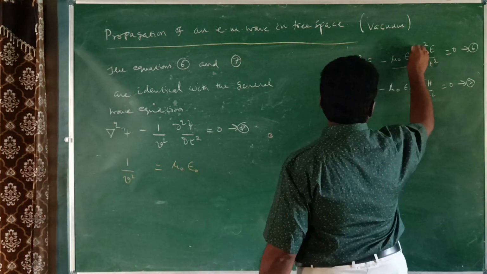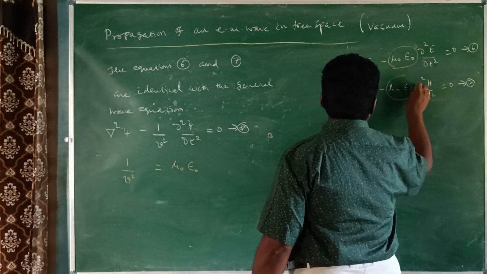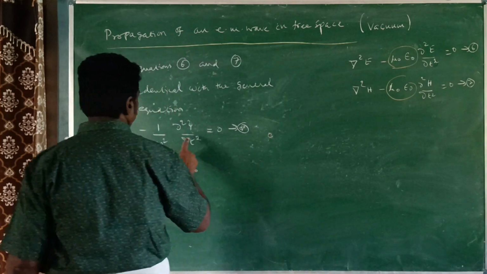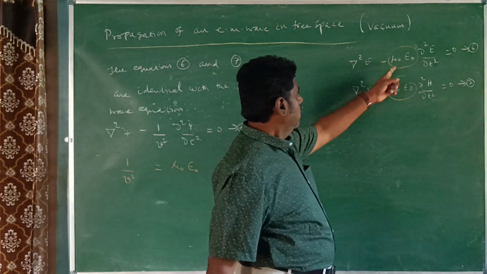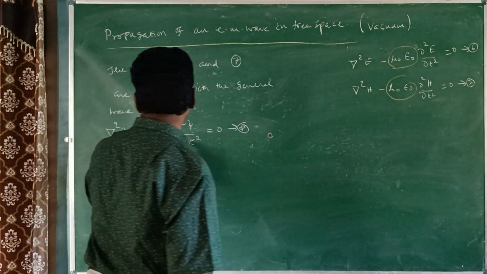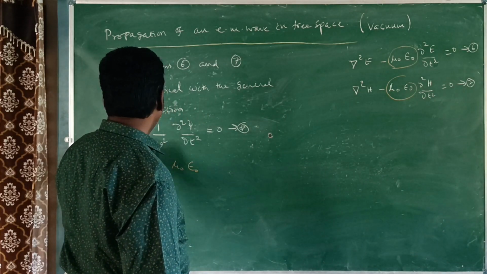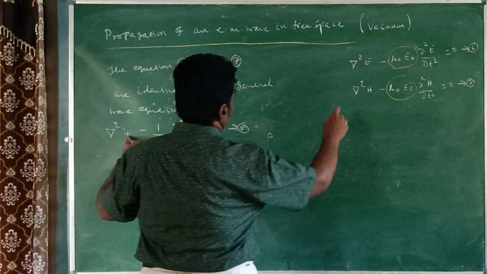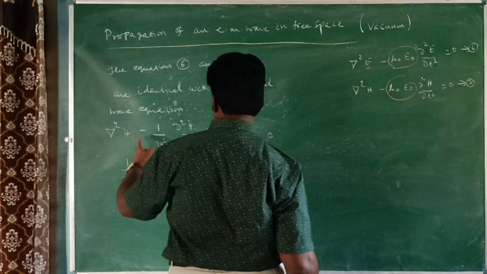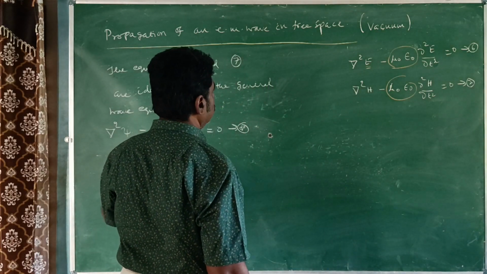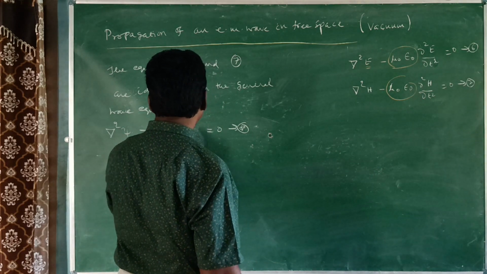See, to compare equation 6 with our equation 8: del square is an operator, psi is a function, here v is a velocity. Then minus 1 by v square into dou square psi by dou t square.